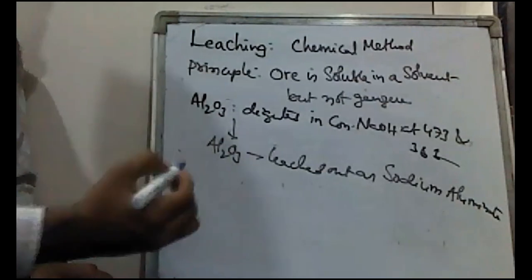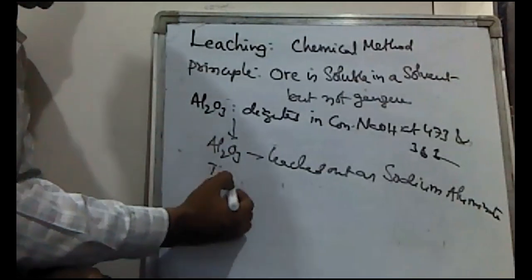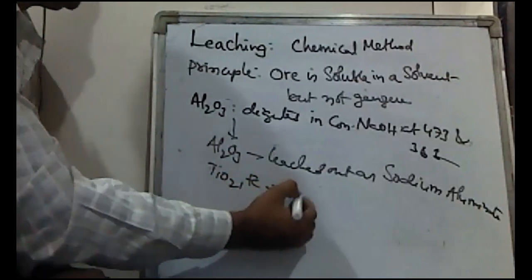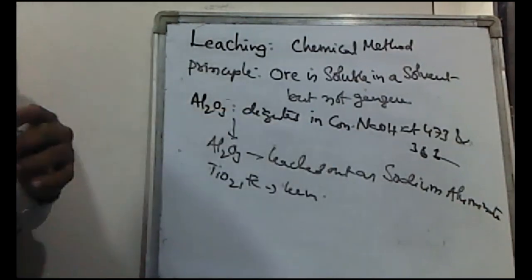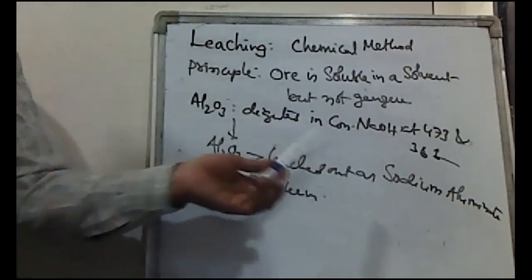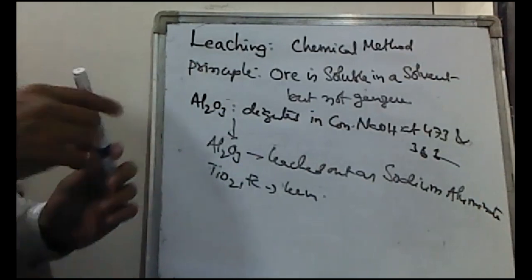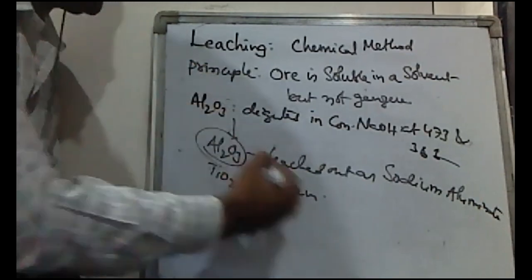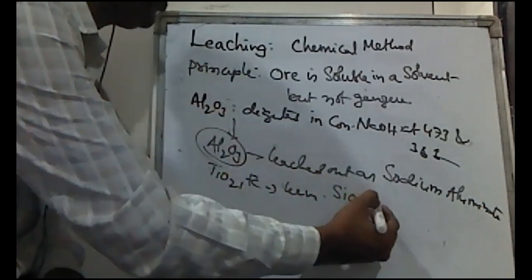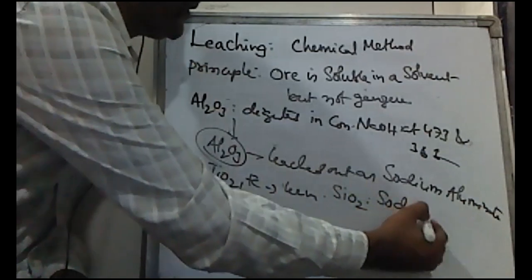The other impurities, such as titanium oxide and iron oxide, are left behind as impurities. Along with alumina, silica is also leached out as sodium silicate.